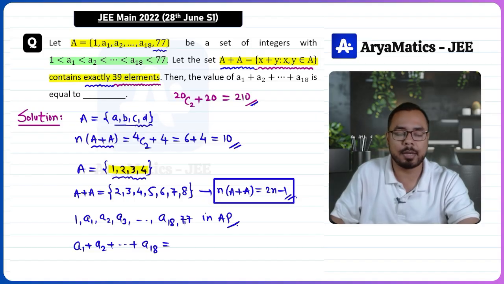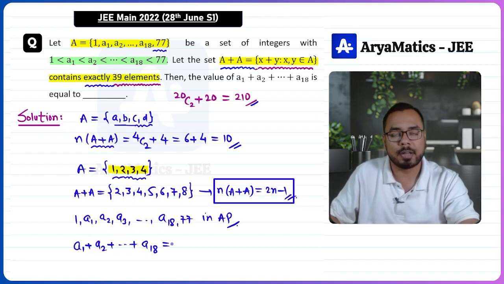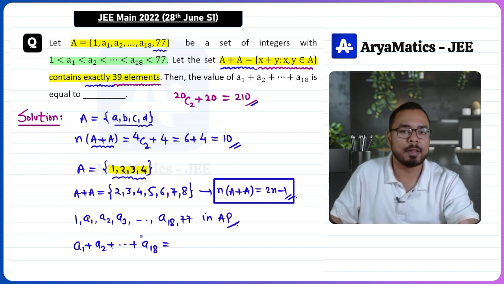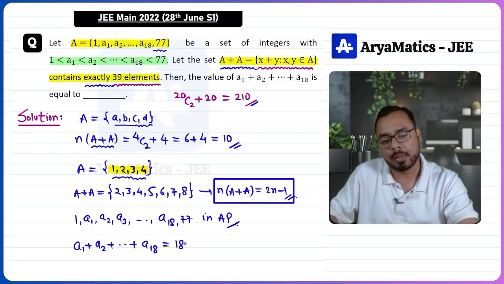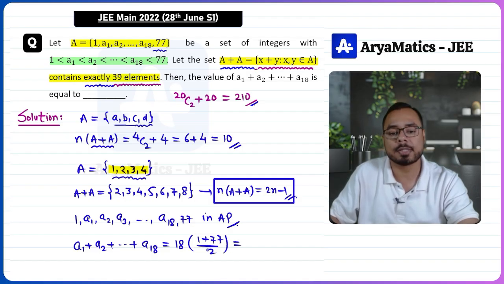If these 20 numbers are in AP, you can get the common difference and then from there you can find the sum. But if you are familiar with this result, that if there are n arithmetic means between two numbers A and B, then the sum of those n arithmetic means is nothing but n times the single arithmetic mean between those two numbers. So then in one line you can get the sum, right?